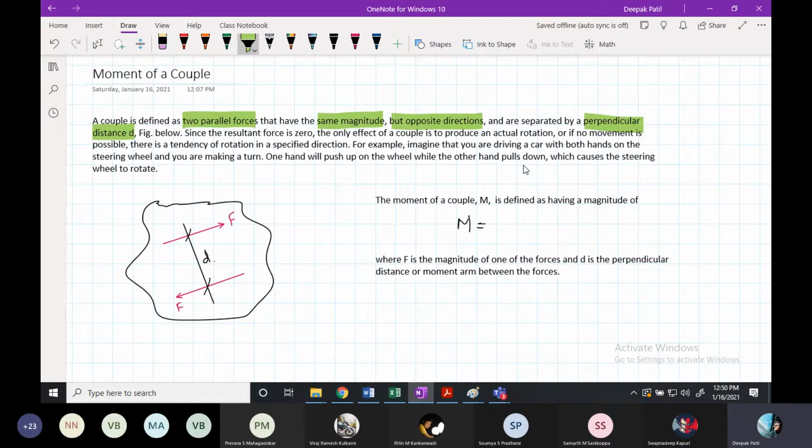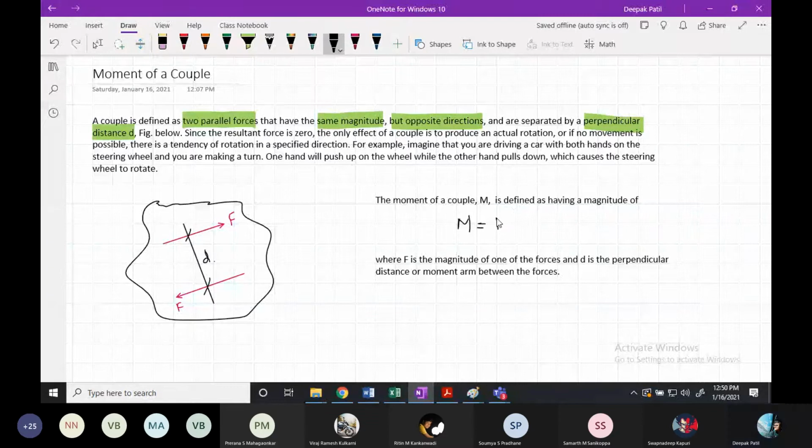Now, how to find the moment of that couple? Moment is denoted by the term M. Now, I am trying to find the magnitude of the moment produced by this couple. It is very simple. It is simply once again the magnitude of the force multiplied by the perpendicular distance.